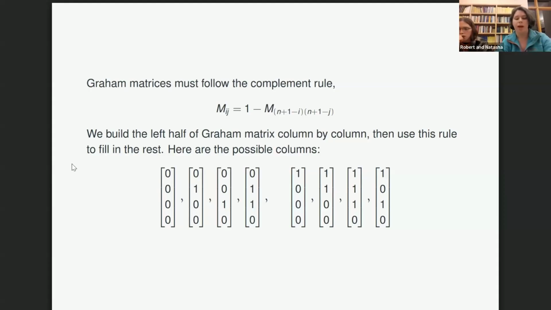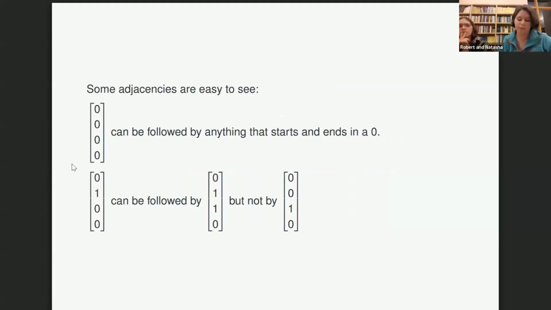So, okay, we have some states. Which ones can follow which other ones? Some adjacencies are easier to see. For example, a column of all zeros can be followed by anything that starts and ends in a 0. This isn't everything it can be followed by, but it certainly can be followed by anything that starts and ends in a 0.